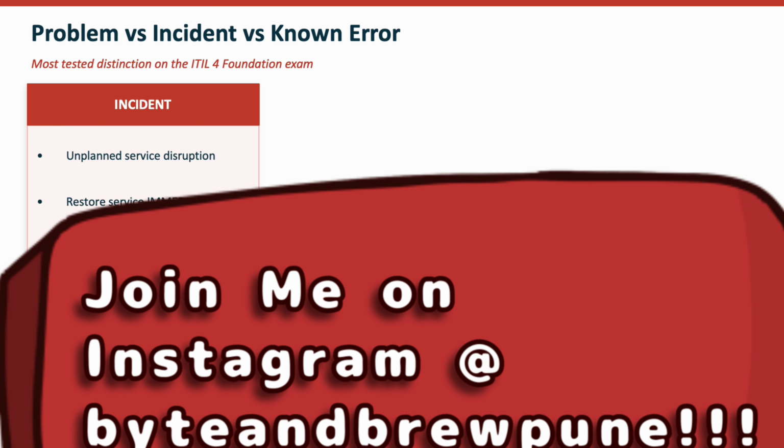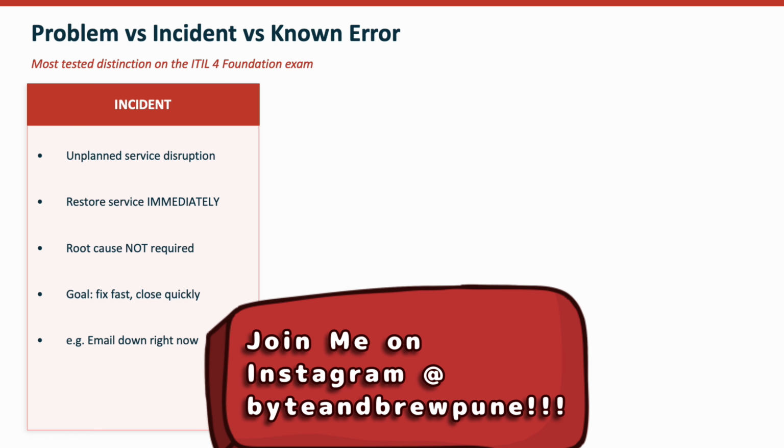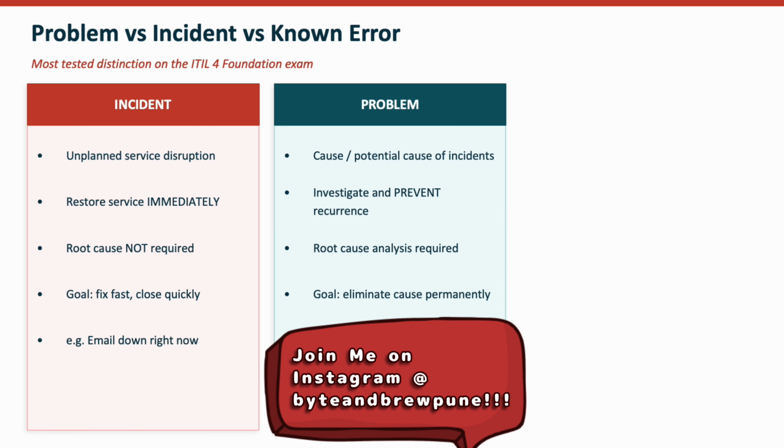Then come problems. Problems are a kind of root cause identification. They need an investigation, they need to identify the root cause, and they need to eliminate that problem permanently, so you will not get a repeated incident. Now comes the known error.